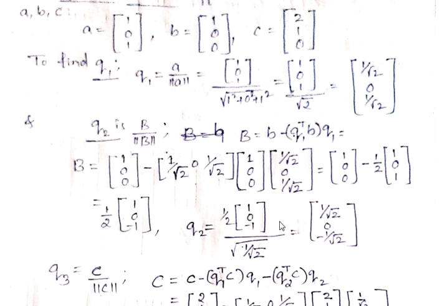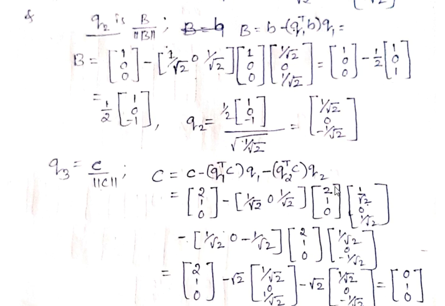So the value of B is this. And we can see Q1 is 1 by root 2, 0, 1 by root 2, and Q2 is also a similar value: 1 by root 2, 0 minus 1 by root 2.